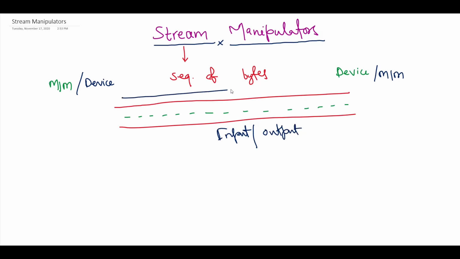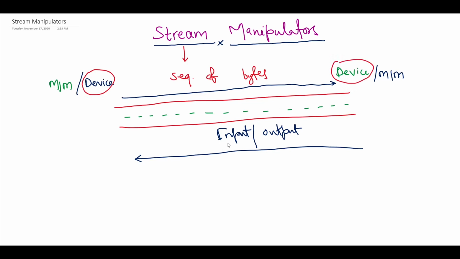So data can flow from this side to this side, or maybe this side to this side. The thing you have to keep in mind is that these devices are different, and that depends on the input and output. If you are not aware of this, you have to go through our first tutorial about streams, and then you will understand it.